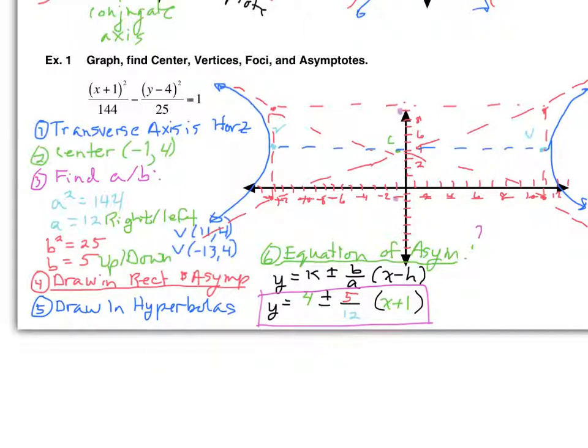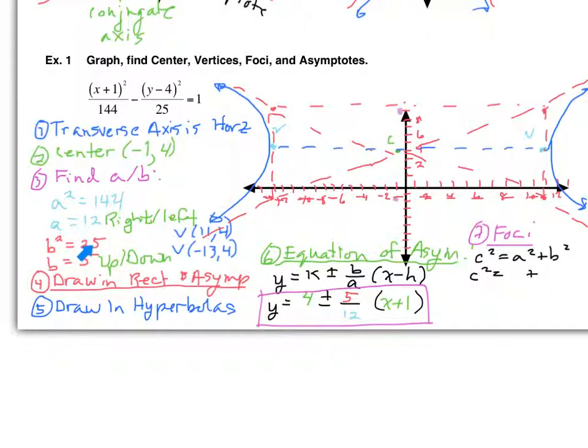And so that step 7 is your foci. What do we need for our foci? We need c, right? So c squared is equal to a squared plus b squared. Well, we know our a squared and b squared because we have them right here.